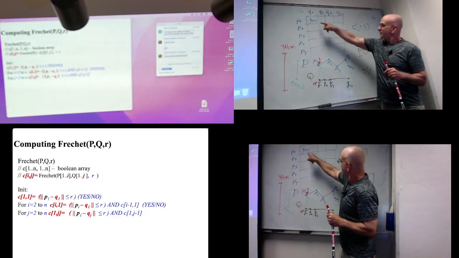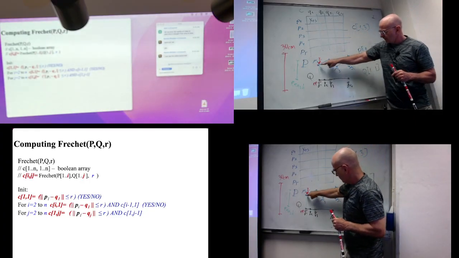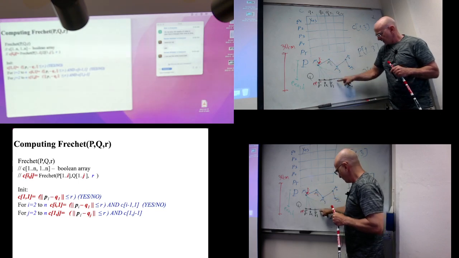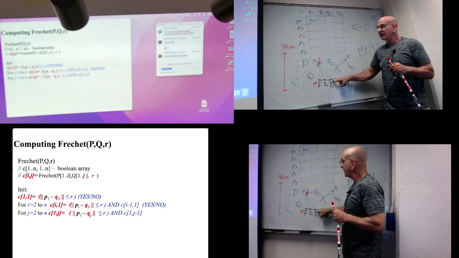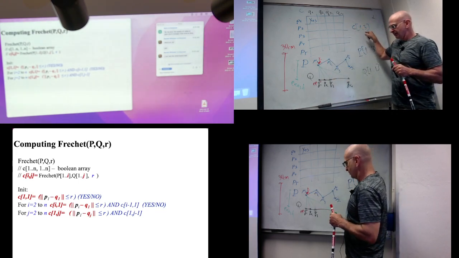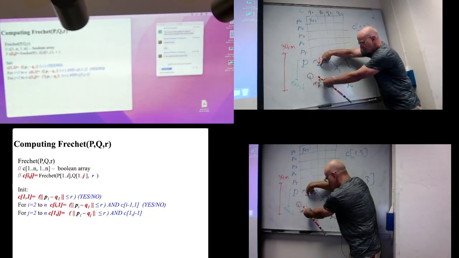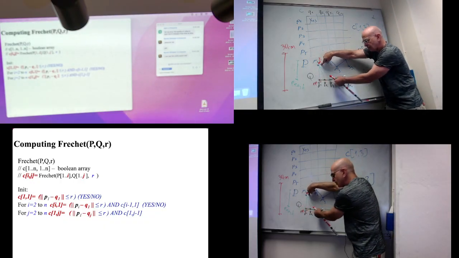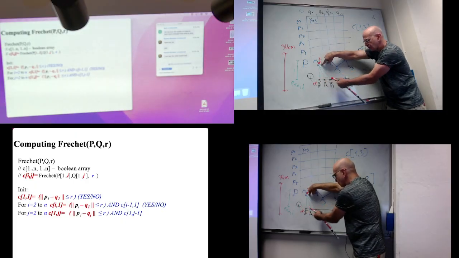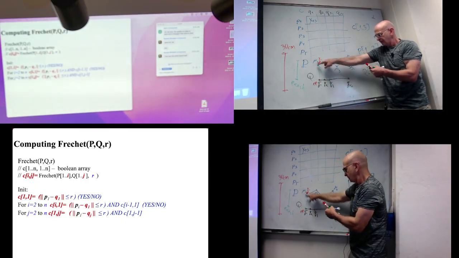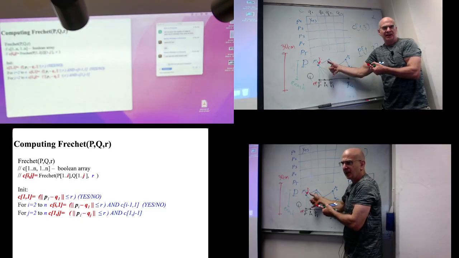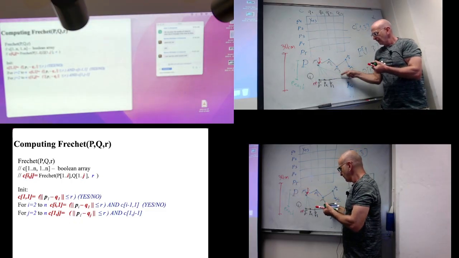Okay, I'm looking at C 1,3. The person is glued to P1. The dog is at Q3. What should C 1,3 stand for? Whether the person can stand here and the dog will continue all the way from Q1, Q2, Q3, and be at no more than distance R, a leash of distance R will do.